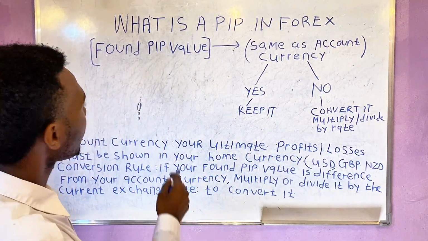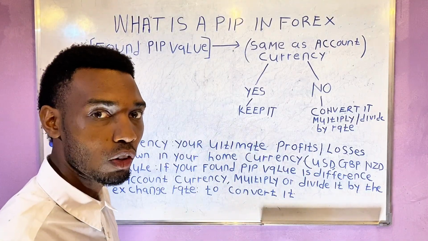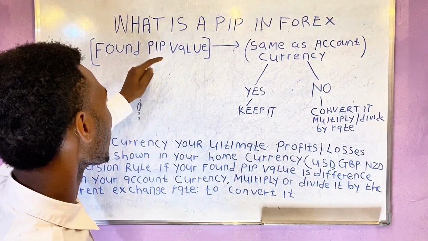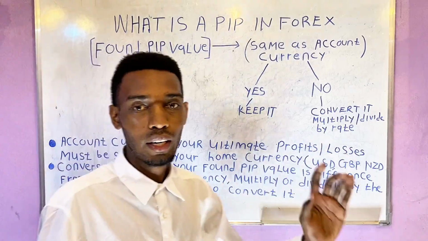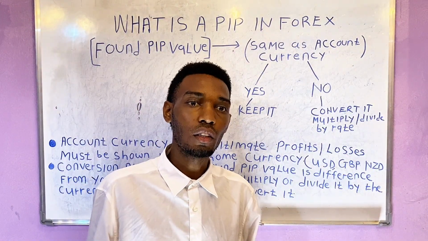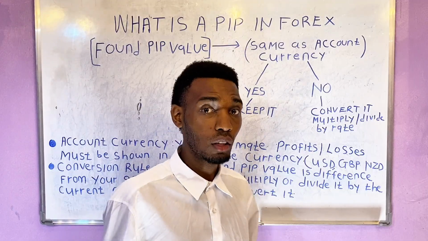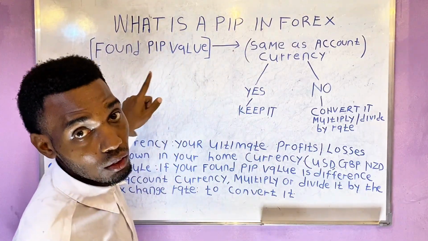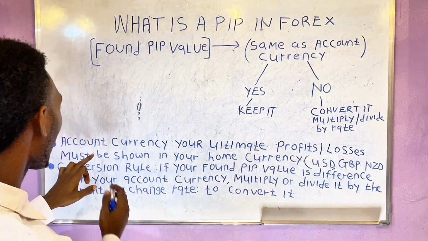Now, I'm going to show you the formula for calculating the pip value in your account currency when you are trading a currency that is not the same as the account currency.